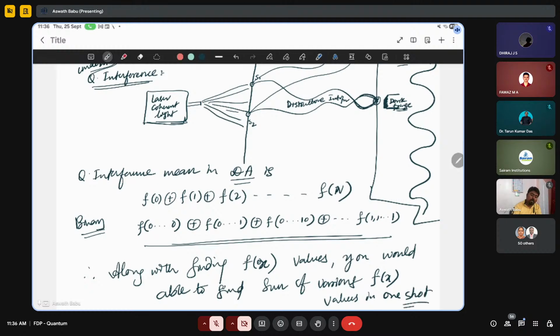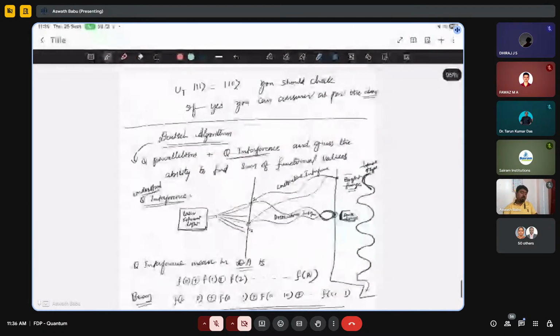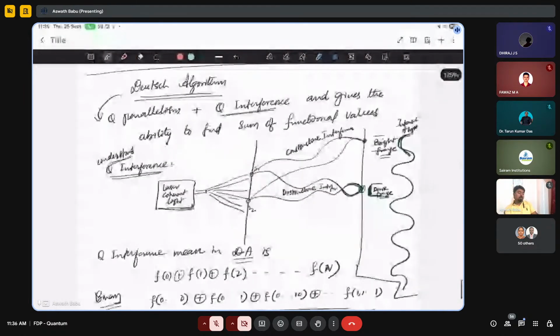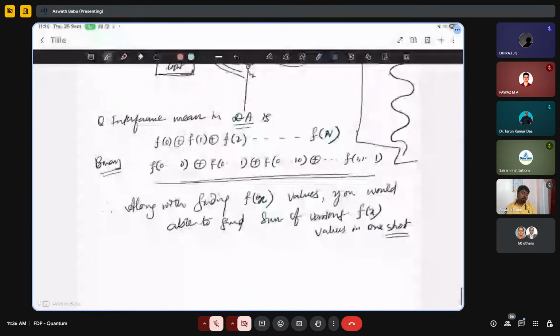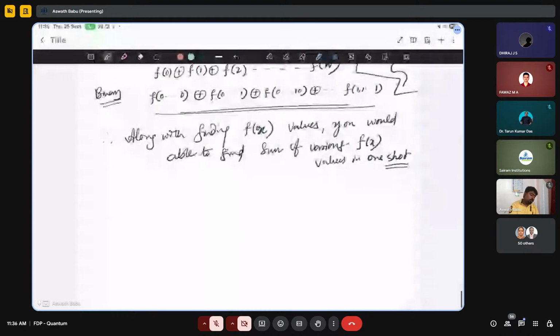Remember, again, that is in one shot. So if somebody tells you, you are not only going to find a function value, you are also going to find multiple function values plus their sum, it's a bonus for you. Okay. So that is what the Deutsch algorithm is. Now the question is how? How to do that?